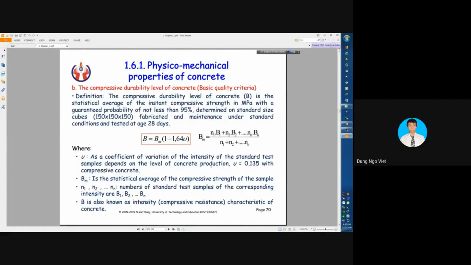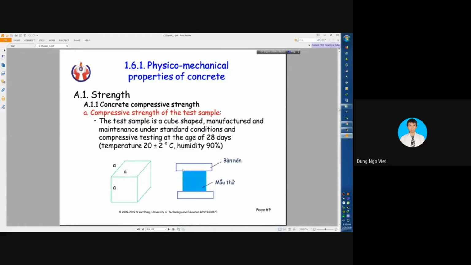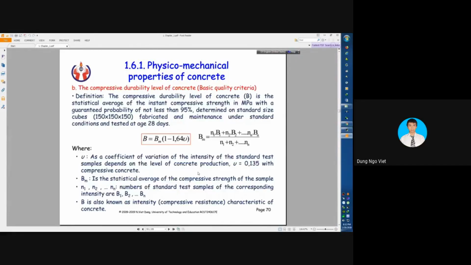So after making the experiment, we will have the results, and we can calculate the compressive durability level of concrete, and this is so-called the basic quality criteria.